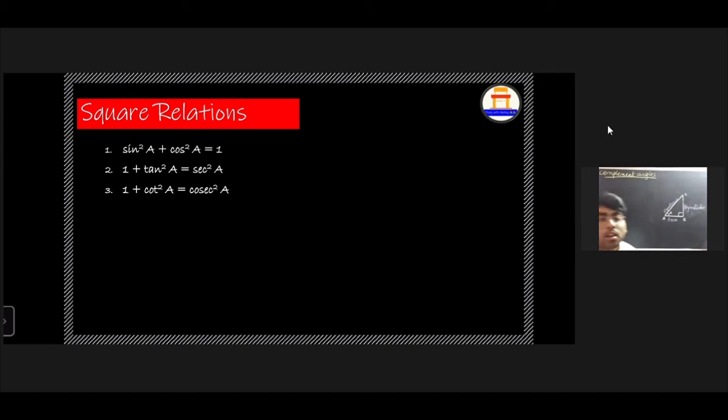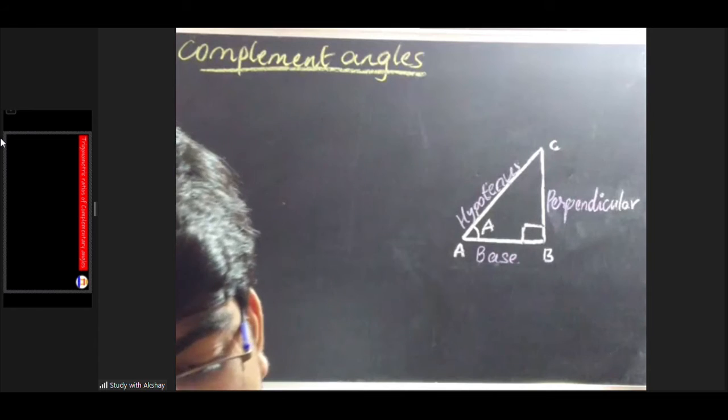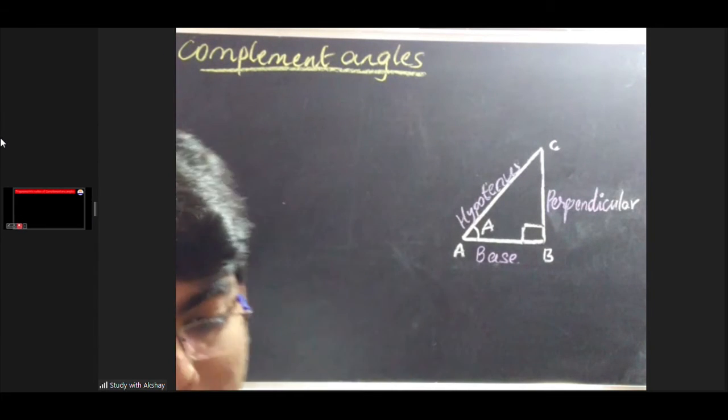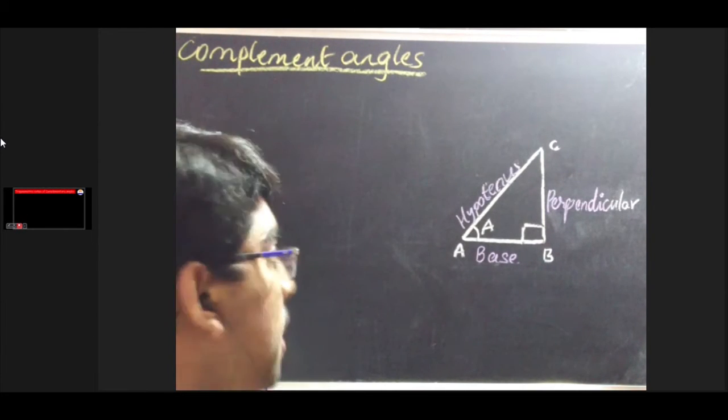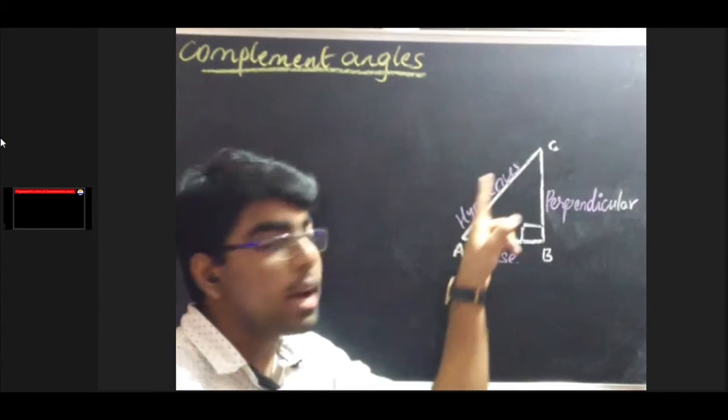If all are done with this concept of square relations, let's start with trigonometric complementary angles. What is the meaning of complementary angles basically? A complementary angle means the angle which is on the other side.